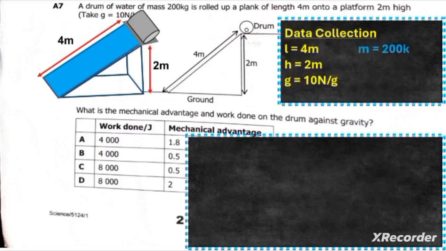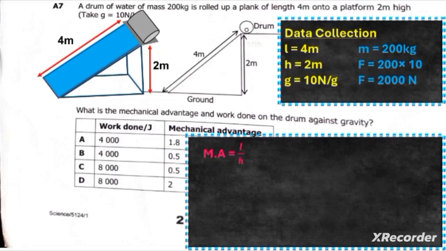We are also given mass, which is 200 kg. Let us find force. Force is equal to 200 times 10, we are going to get 2000 newtons.